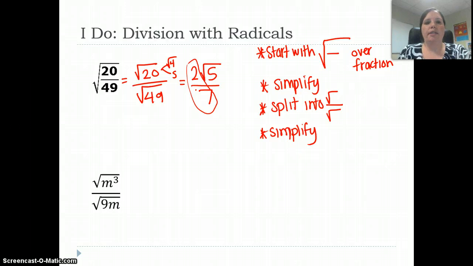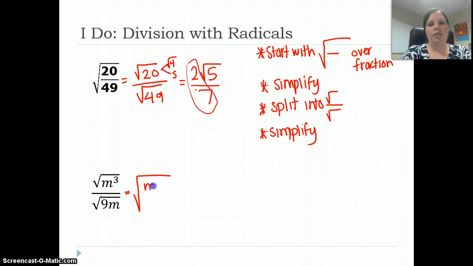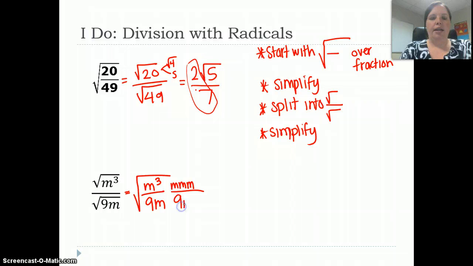So to see a different type of problem, now this one is written as 2 individual roots. If I start with this in one large radical, now I'm going to try to simplify this fraction. So m to the third is 3 m's.